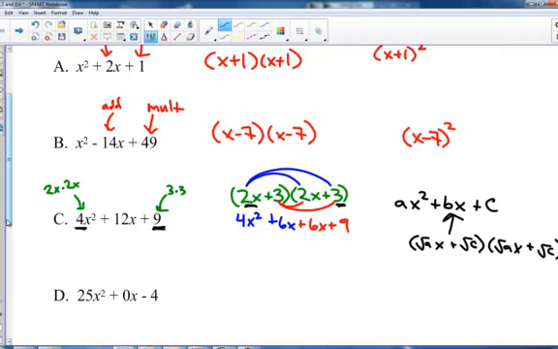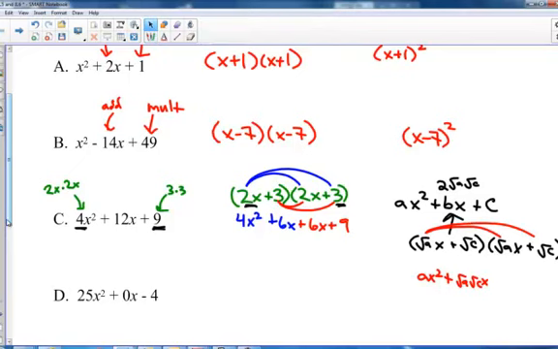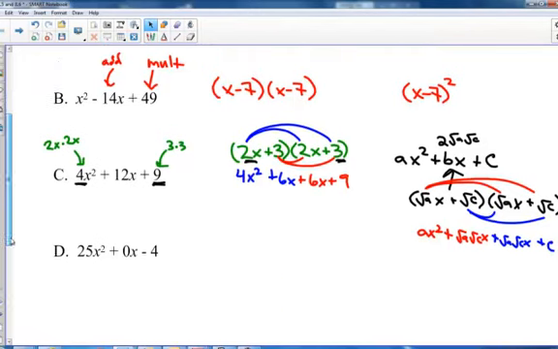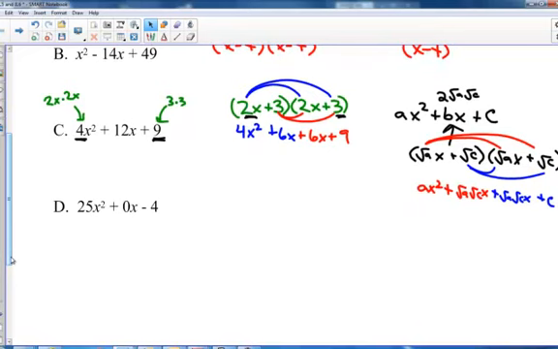So the middle term has to be 2 times the square root of the first times the square root of the second, because there's 2 of them. If you look at this, you have ax squared plus root a root c x plus another root a root c x plus c. So the answer for this is 2x plus 3 squared.